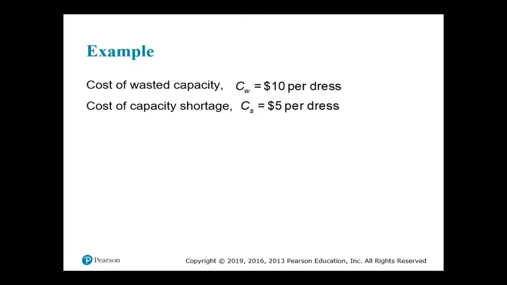So once we know this formula for overbooking, given the cost of wasted capacity or cost of capacity shortage, we can calculate the optimal S star.